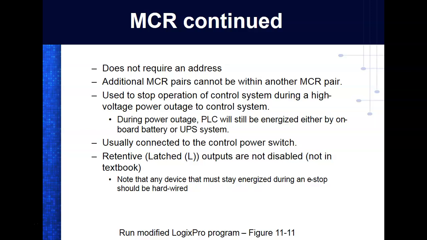Note that any device that must be state entered. So sometimes, guys, even during each stop, there might be a critical device out there that we cannot disengage. Like big robots usually have brakes on them. And so if you hit the stop, you wouldn't want the brakes to do what? Let go, yeah. So there are some critical things even when you hit an e-stop.